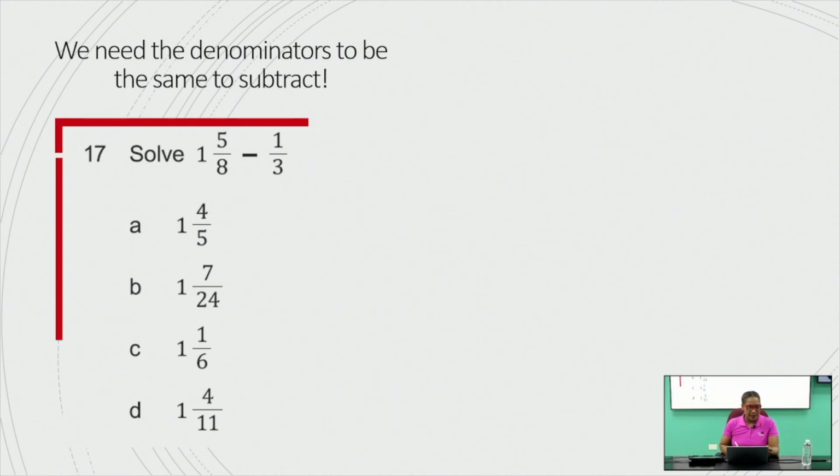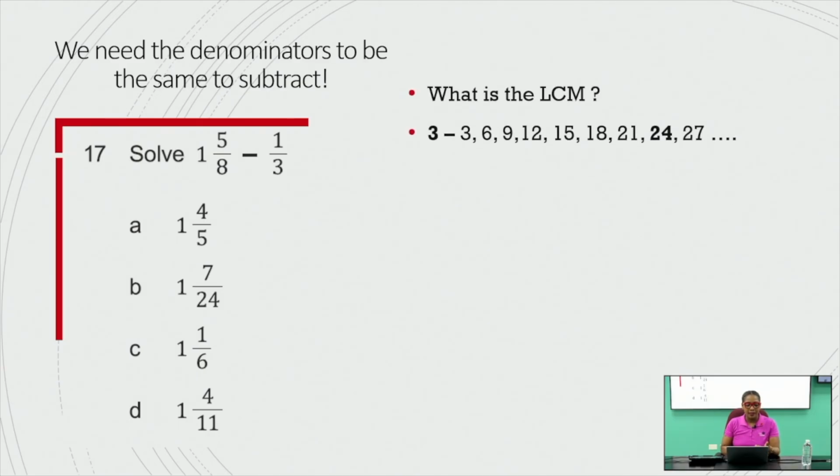So we are subtracting, and there are different denominators. We want to use the same LCM method, and we want to look at multiples of 3 and multiples of 8. Here I have some listed on screen for you. 3, 6, 9, 12, 15, 18, 21, 24, 27 are all multiples of 3. When we look at multiples of 8: 8, 16, 24, and we could continue.